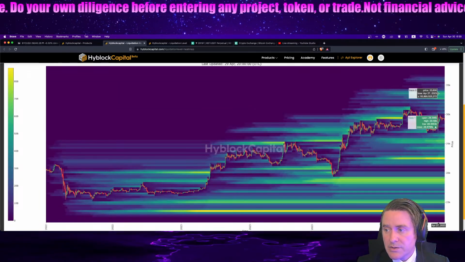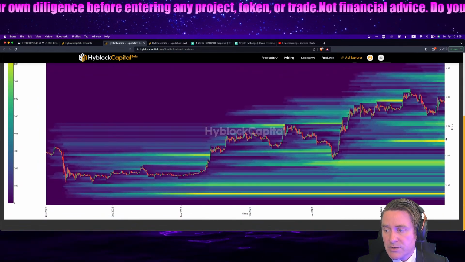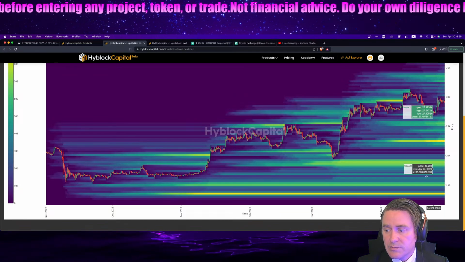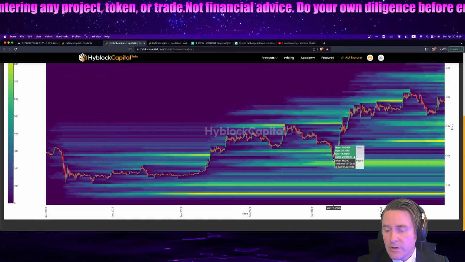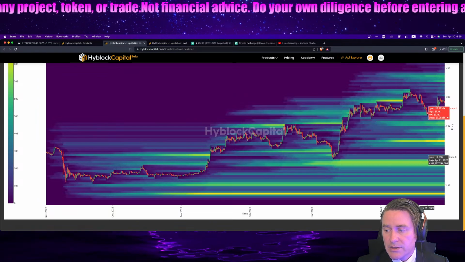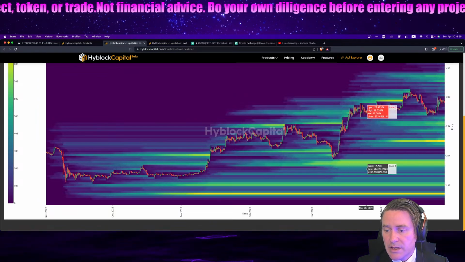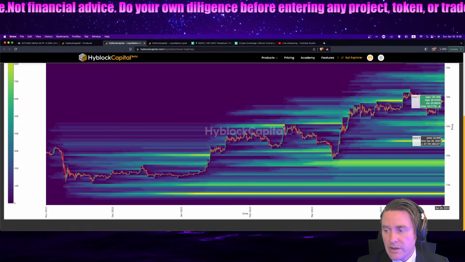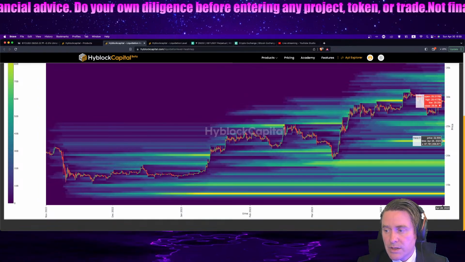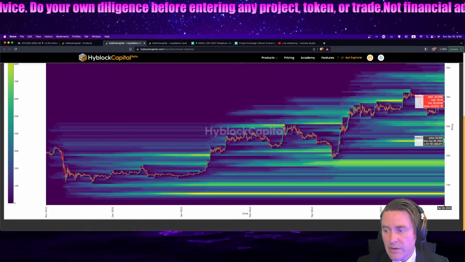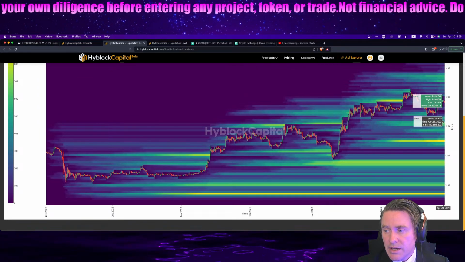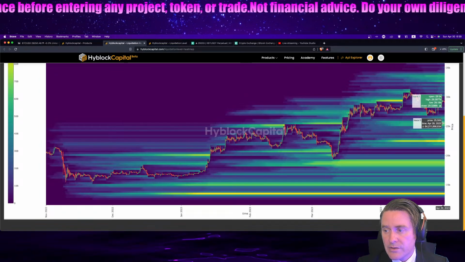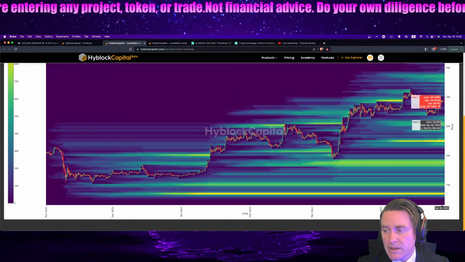So the 6 month also paints a picture to the downside here in terms of just the pools being thick below. We've gone over this day in and day out, but just to reiterate, the pools beneath 19.5 are in the $300 billion range, and you have 200 billions or so around the 22.5 range, and the 25K region has about 200 or 300 billion if you add this up.